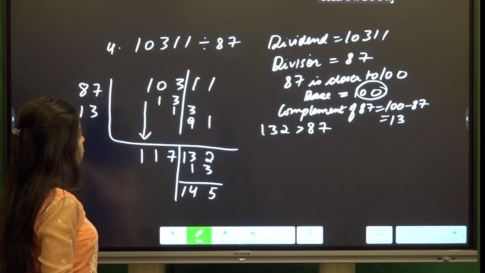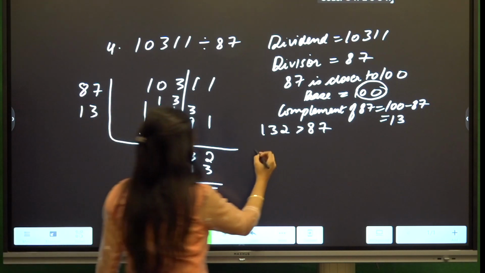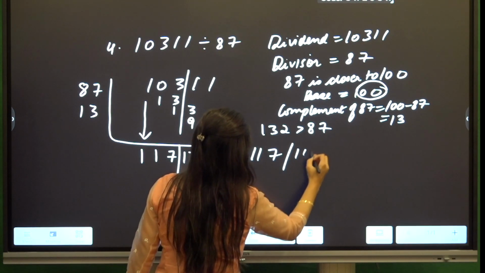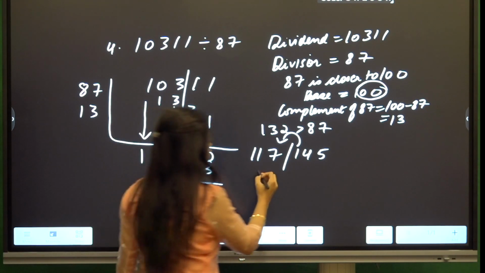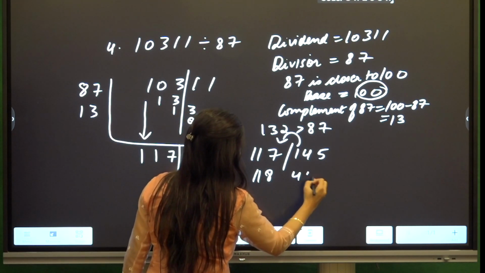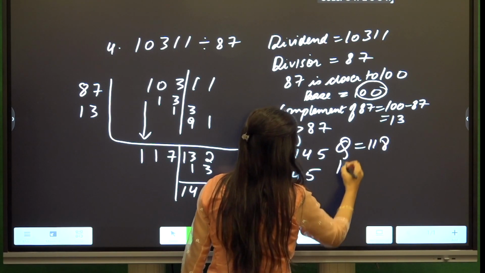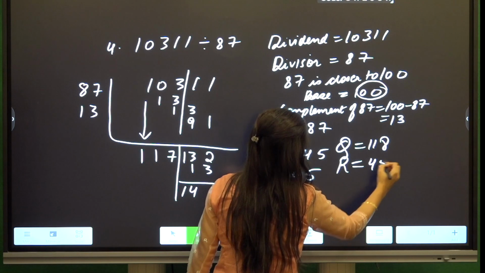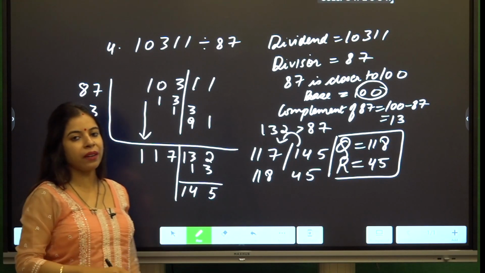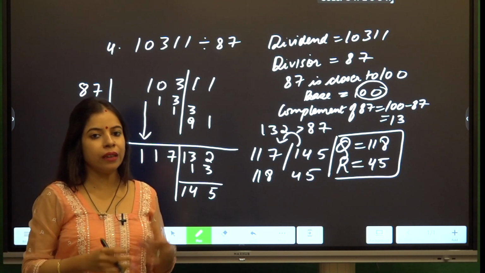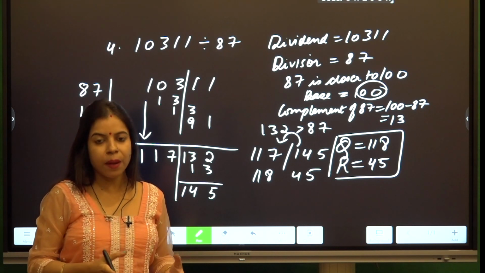Okay. So next I am going to balance. So this will become what? I am going to carry 1 here and this will become 118, 45. So quotient is 118 and remainder here is 45.